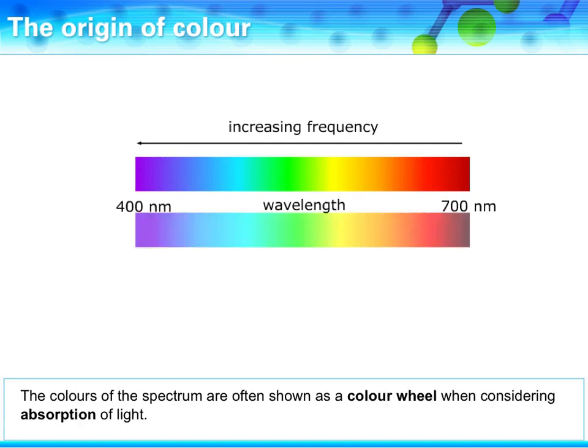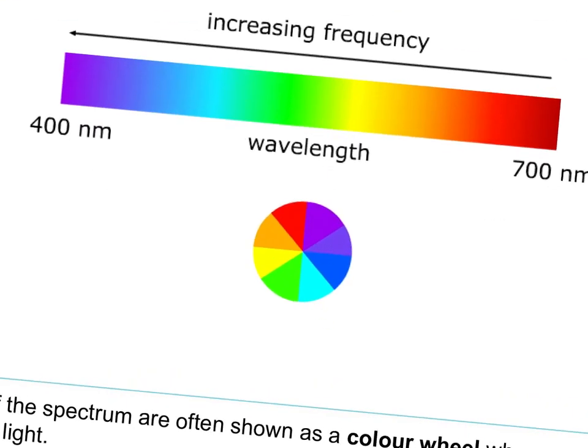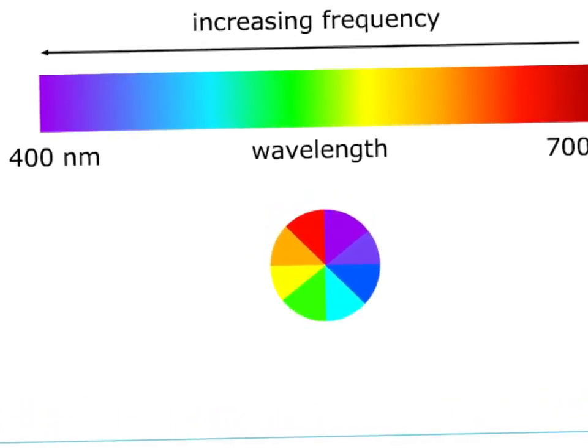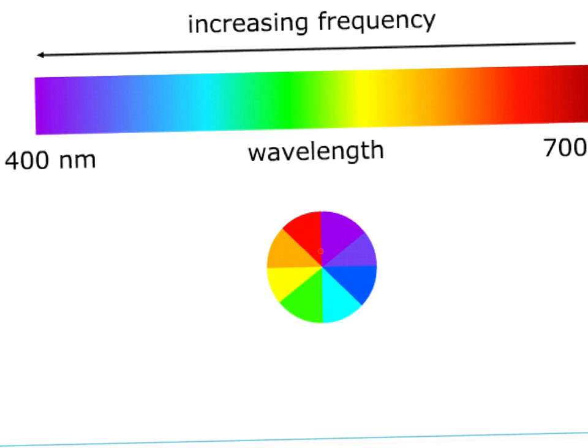We now look at the colours of the spectrum on a colour wheel when we're looking at the absorption of light, and we look at 2 opposing colours. This is approximately the colour of our hexaaqua copper ion here, and you can see that the opposing colour on this colour wheel is red.